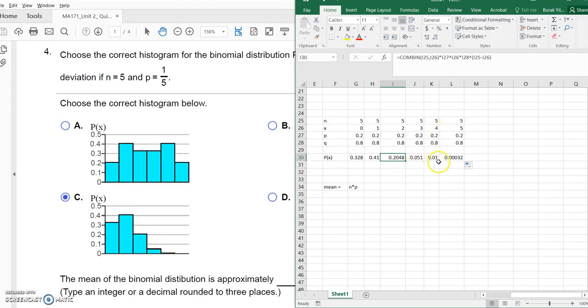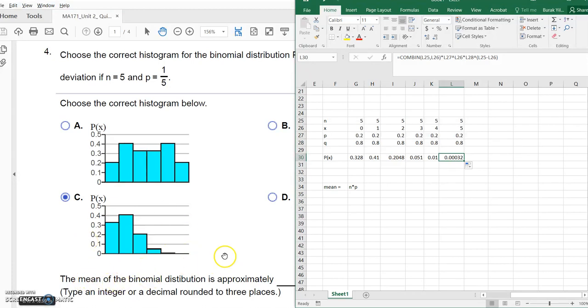And the next one is 0.05, so that's about half of 0.1, which is right there. And then there's 0.01, which is very close to 0. So that's the right distribution.